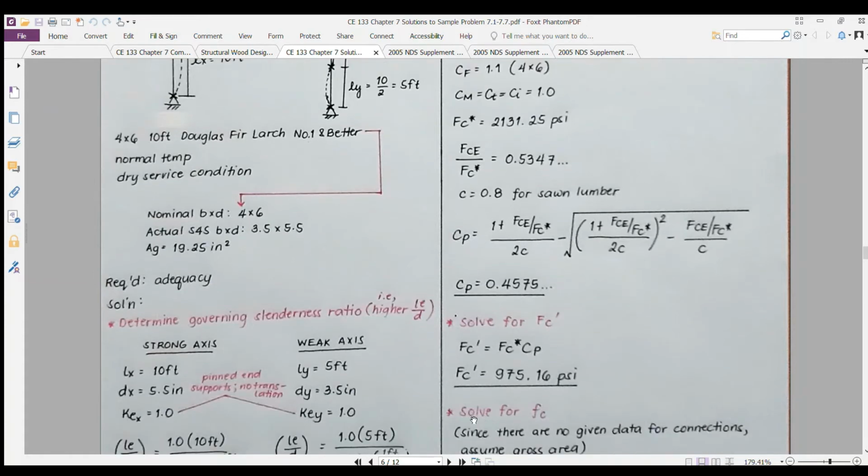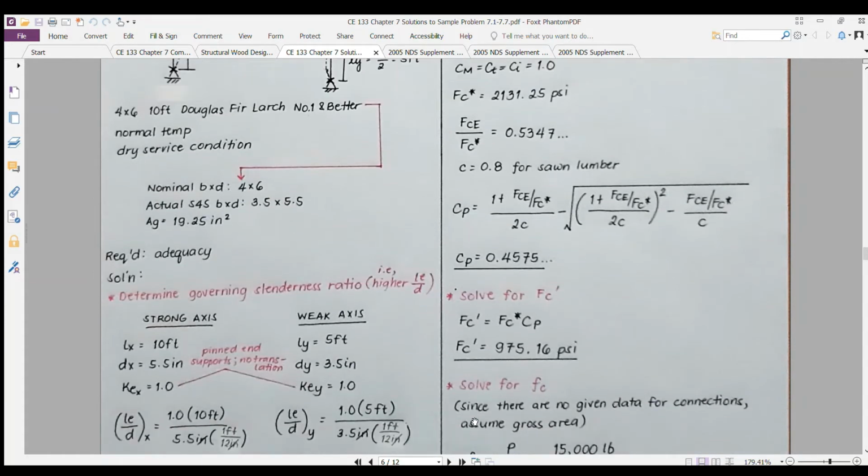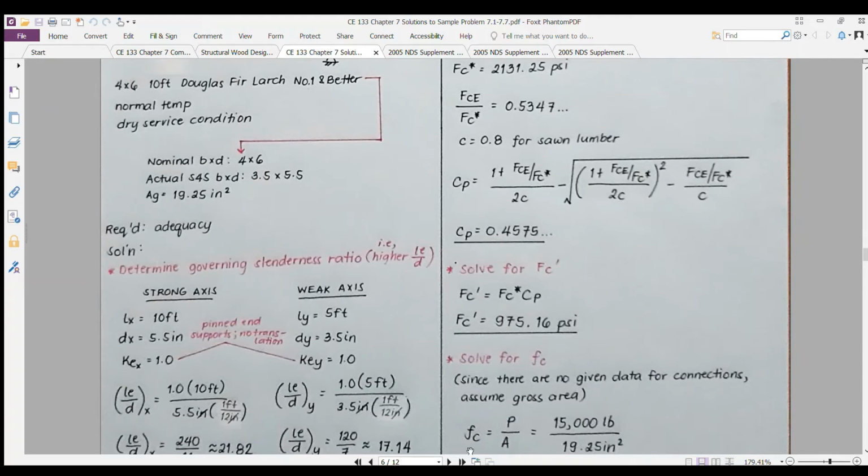Now we need to solve for the actual compressive stress, f sub c. Since there is no given data for connections, we need to assume the gross area. Getting the actual compressive stress along the column, P over A is equal to 15,000 pounds over the area of the cross section, which is 19.25 square inches.